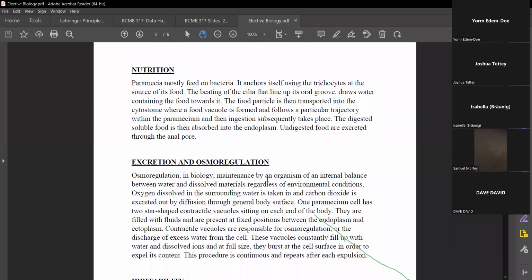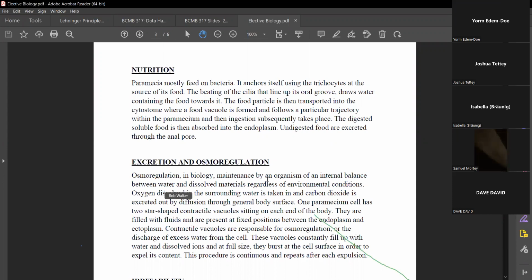If there's excess water, what happens? These vacuoles are storage mechanisms within the single-celled organism, right? So the contractile vacuole would keep filling up with water, and mind you, this water will also have certain dissolved ions, which may need to go out of the cell, right? So the contractile vacuole will keep swelling up.